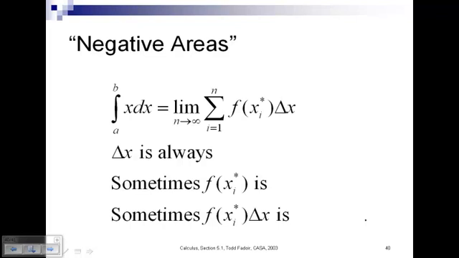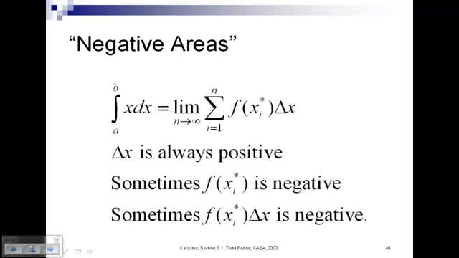So sometimes we're multiplying a positive dx or delta x value times a negative function value, and when we get those values in our summation, they are negative, and they have a negative effect on our adding. Delta x and dx are considered positive values.